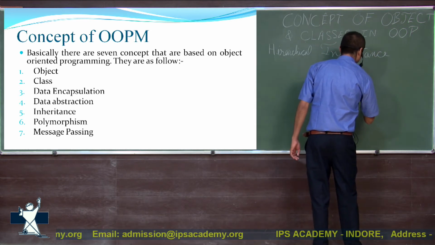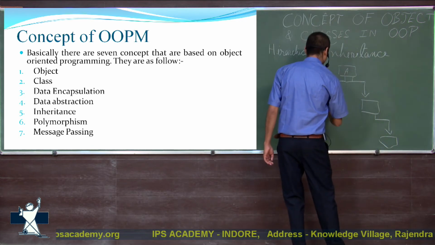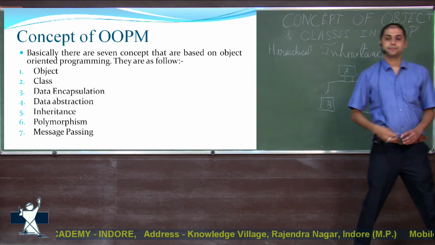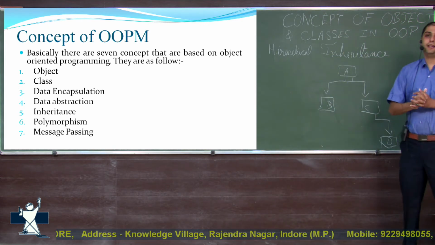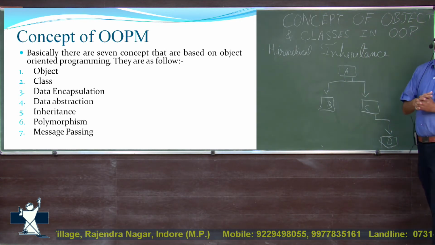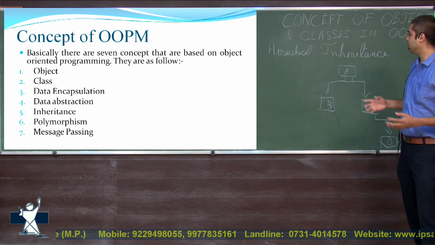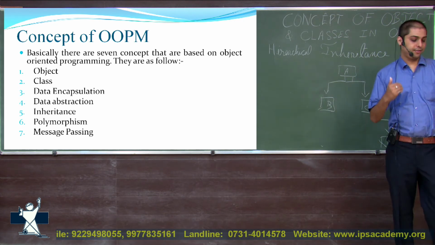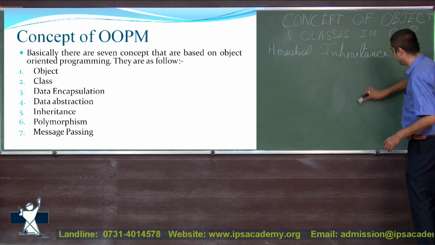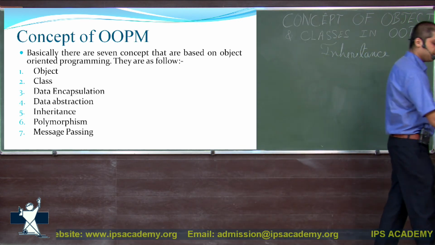Means we have A as a base class, which has two derived classes, B and C separately, and C can have another derived class D. Also, B can have another derived class E, and so on. So hierarchical inheritance is just the opposite of multiple inheritance. In multiple inheritance, we have more than one base class. In hierarchical inheritance, we can have more than one derived class.